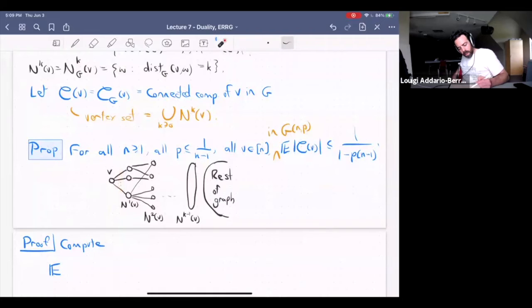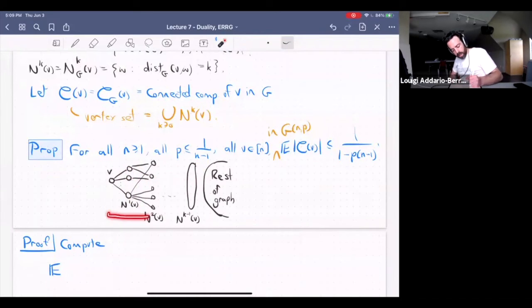And then I can ask about the value of those random variables one step at a time. First, I'll ask about these ones, and then once I learn about these, I'll ask about all of the edges from N_1(v) to the rest of the graph, and so on and so forth.